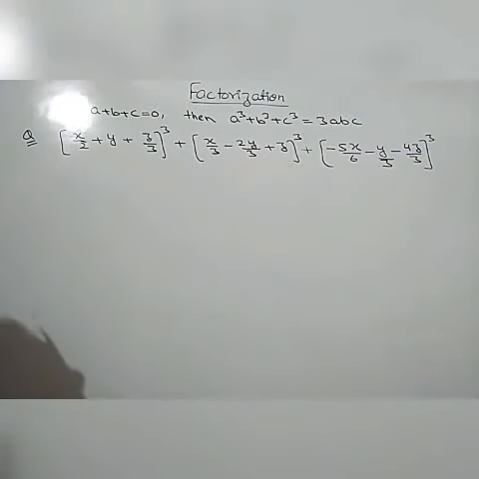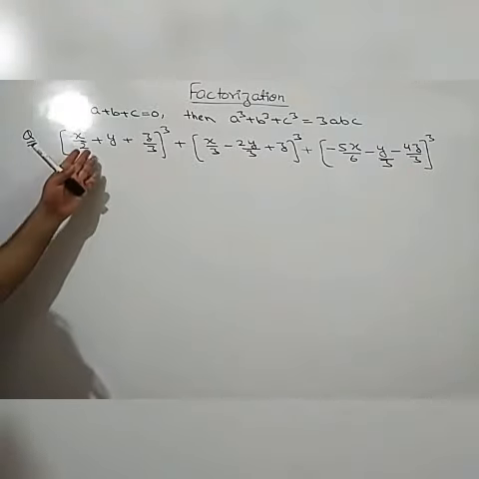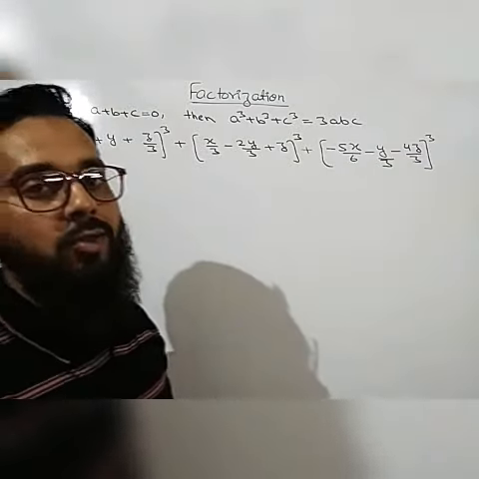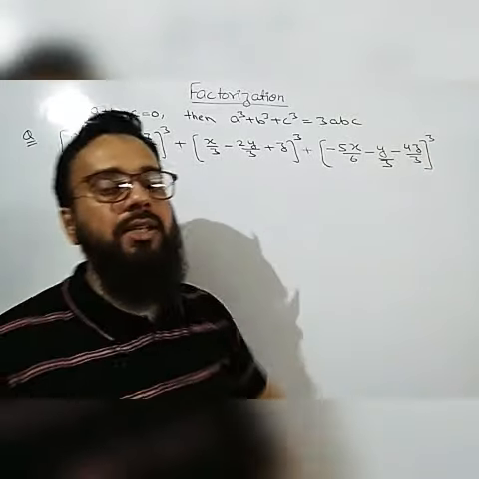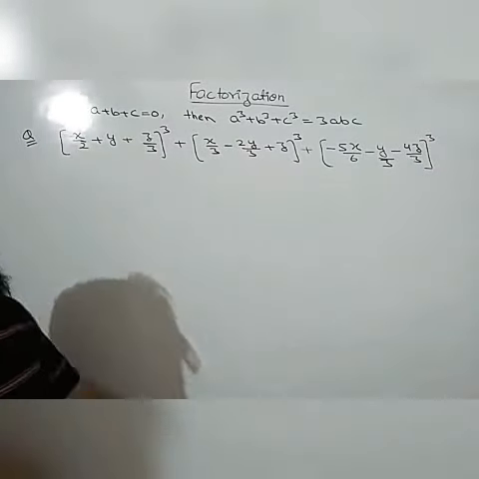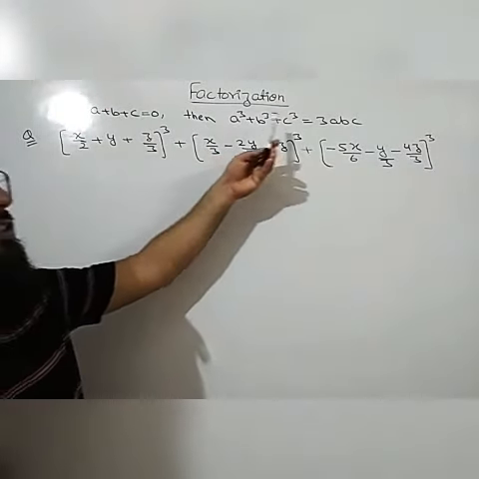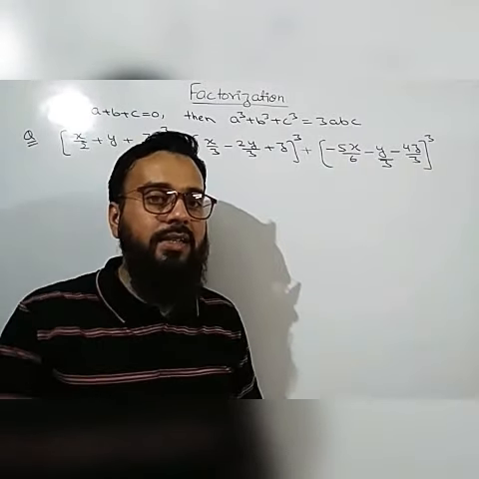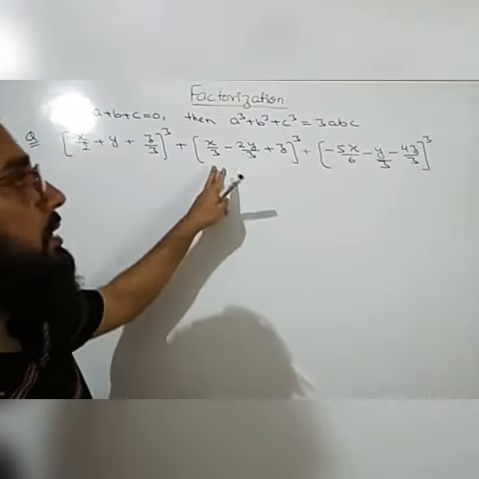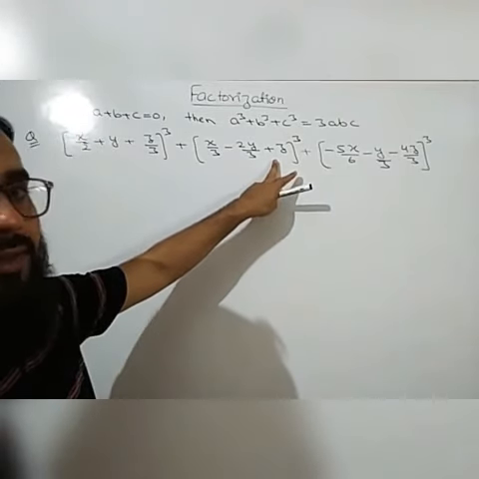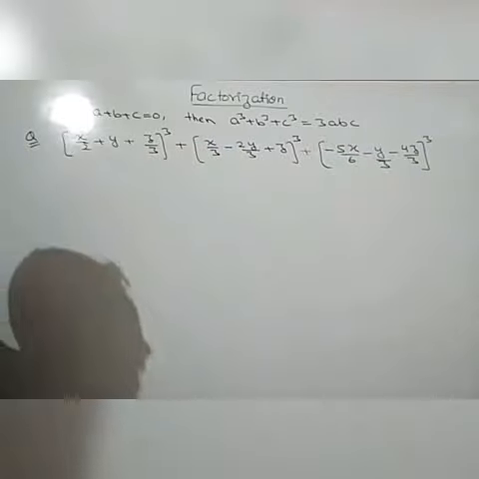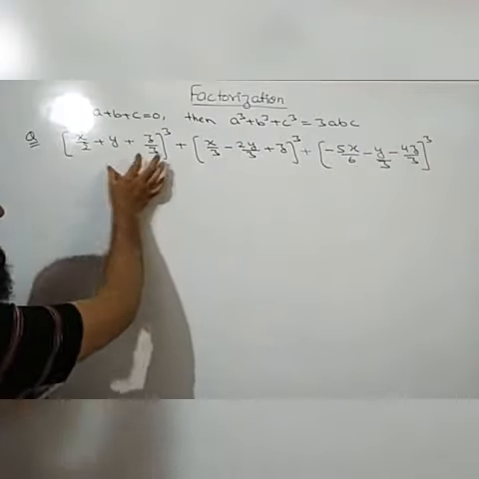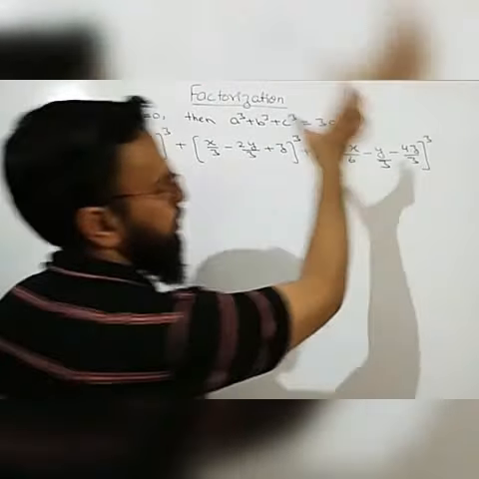Now, how will you solve this question? It is written as the cube of a trinomial, and we don't know any identity of such type, so we cannot expand each term individually. It means we have to use the concept a cube plus b cube plus c cube is equal to 3abc. We have no formula for the cube of a trinomial, so we will consider this whole term as a, this whole term as b, and this whole term as c.